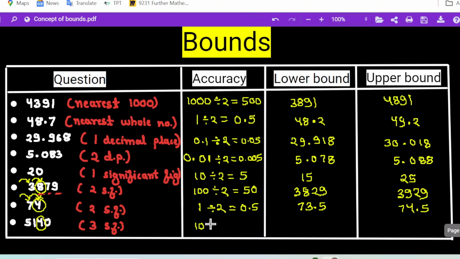So again, 10 divided by 2 is going to get you 5. Again, we subtract 5, that will be 5135. We add 5, it will be 5145. And that's all you have to do in the concept of bounds, right?